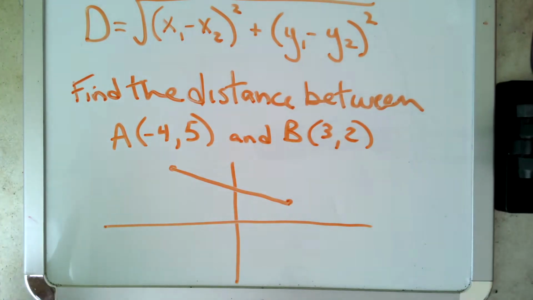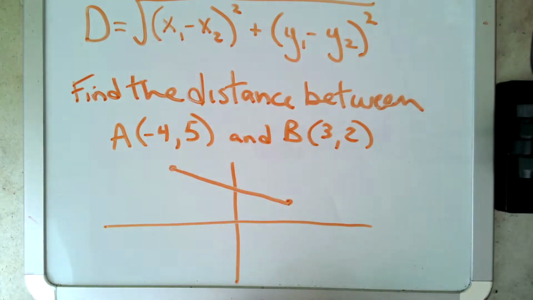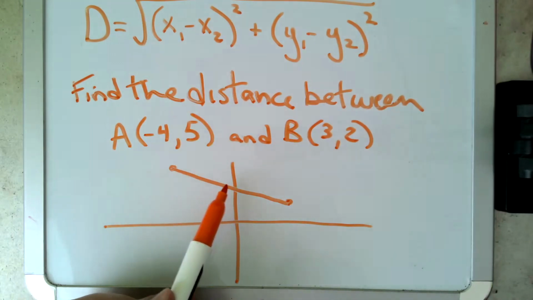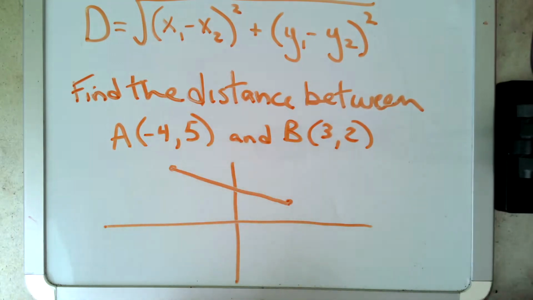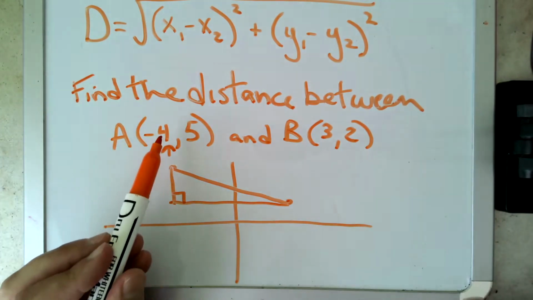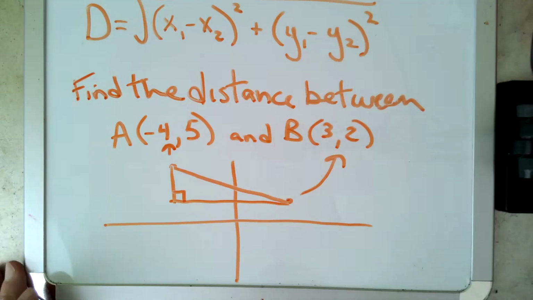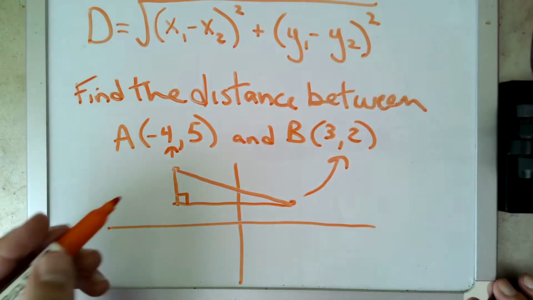Okay, so for sure, you could just jump straight into throwing the numbers right in there. But I want to show you something that might feel a little more intuitive. I'm going to drop the triangle around this distance, where this distance would be the hypotenuse. All right, so if this point is (-4, 5), and this point is (3, 2), then I can do the following.